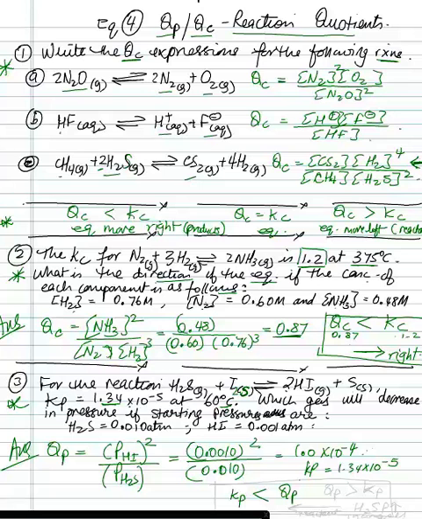Or you can say the other way around, Qp is greater than Kp, however you want to. And if Qp is greater than Kp, then your reaction is going to go back. If it is going back to the reactant, the pressure of H2S will increase. All right, so that is what your answer will be.